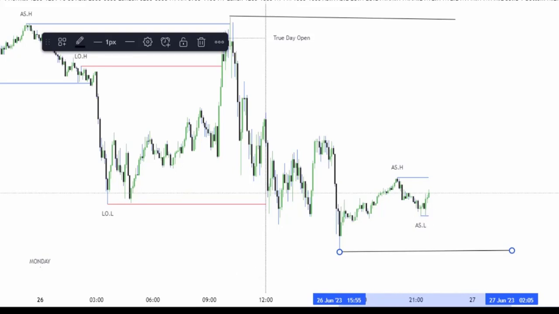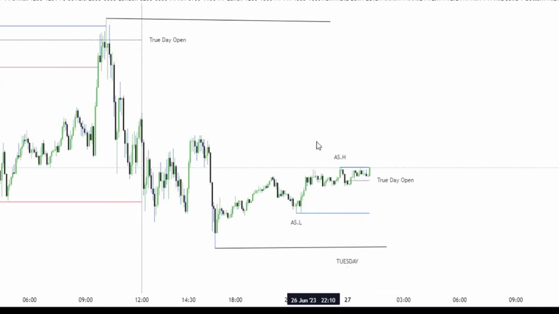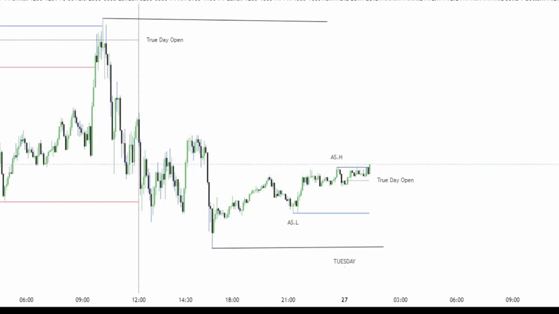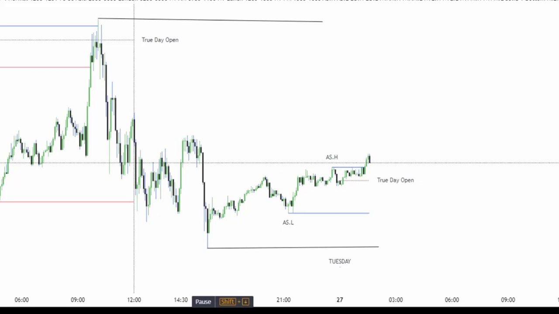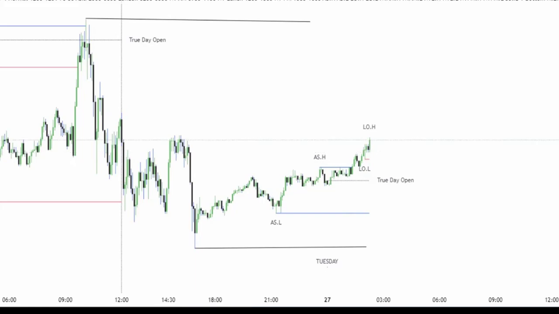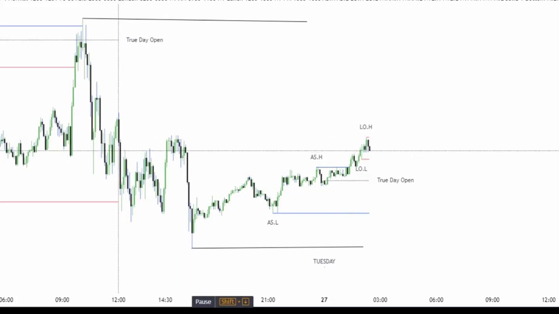So if we continue playing this chart, let's see if we can have a nice trade setup.